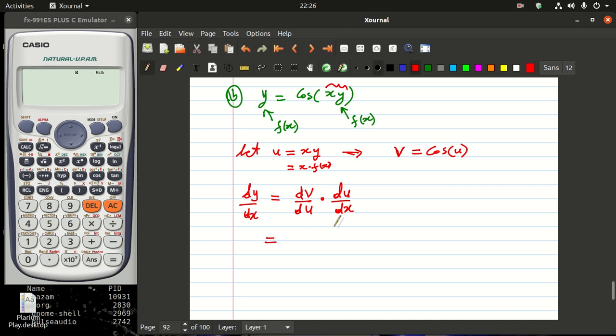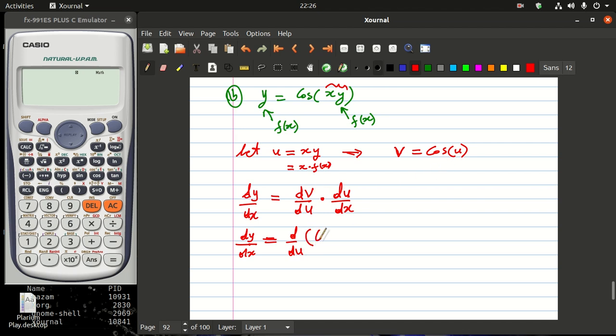And then secondly, I still have dy dx on the left hand side. If I want to take the derivative of this whole thing, I'm still going to have dv du.